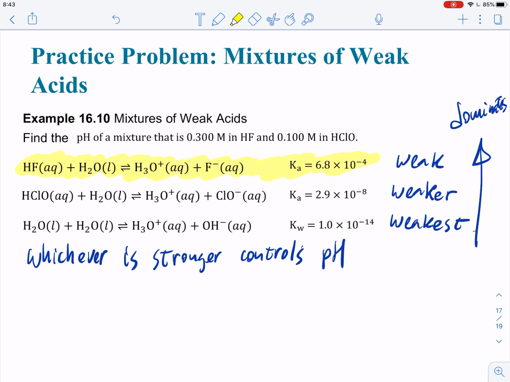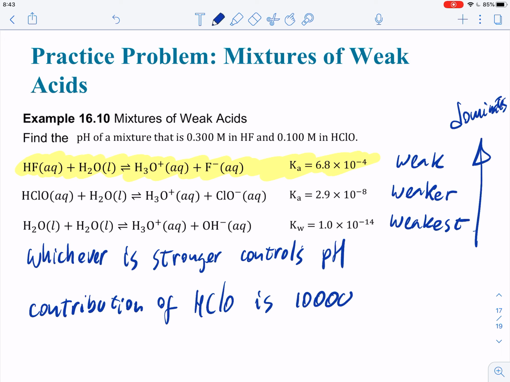That means the contribution of hypochlorous acid is 10,000 times smaller, and we haven't touched water yet. There are 10 orders of magnitude regarding the contribution of water.